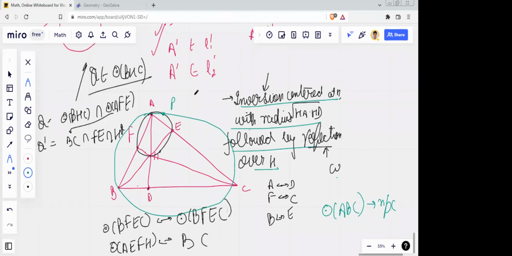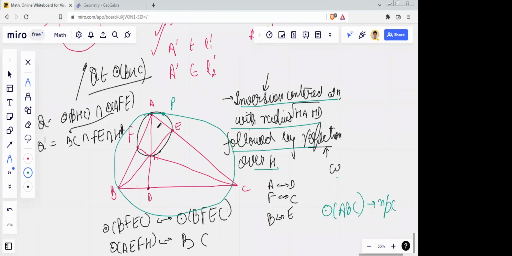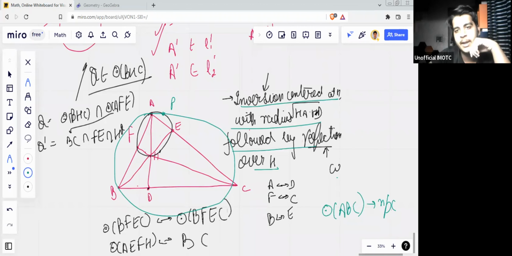Send me in the private chat. We are doing this inversion centered at H, radius root HA into HD, followed by reflection over H. Now, if I consider P as the spiral similarity, the Miquel point of BFEC, what's the image of P?